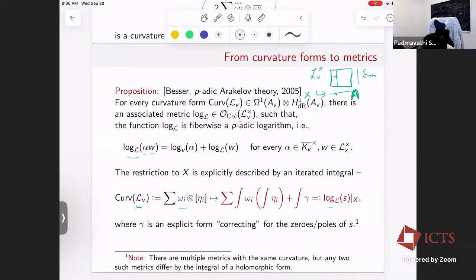So if you want to evaluate it, say, you choose a section of this line bundle locally around some point. So that maps the abelian variety back into L^V cross.